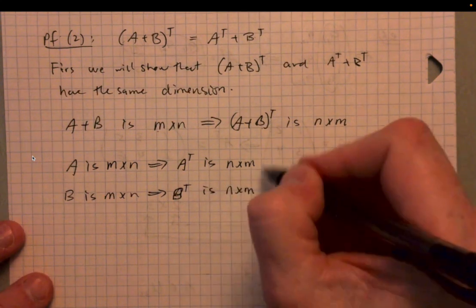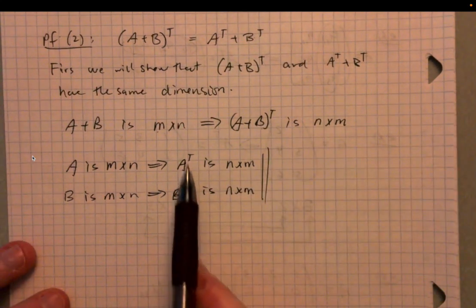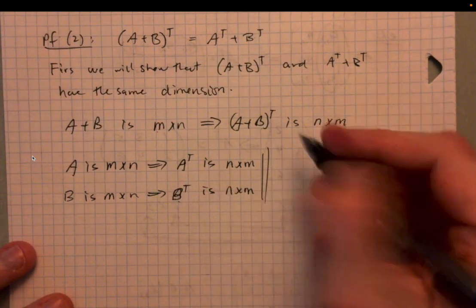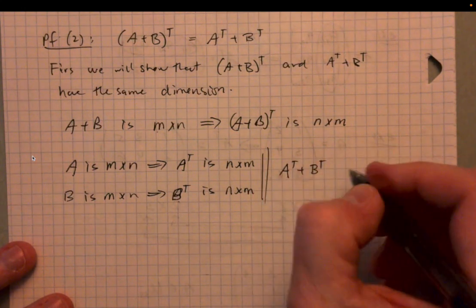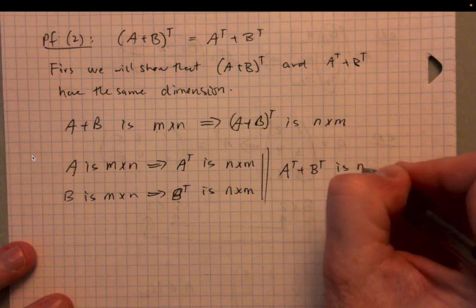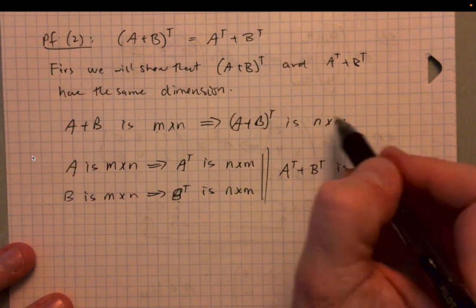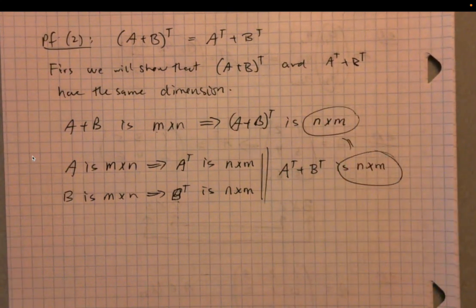Same thing, right? So if A transpose and B transpose are both n by m, then A transpose plus B transpose is n by m as well. And so there we go. Those two are equal in dimension. That's the first part of the problem.